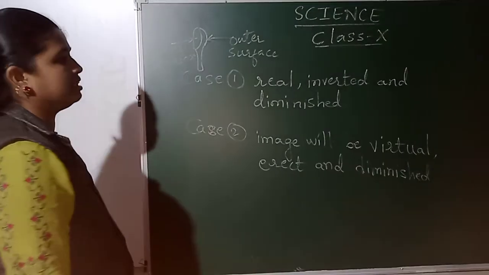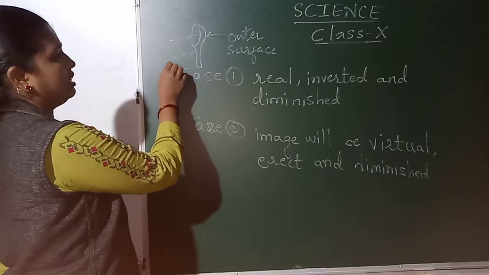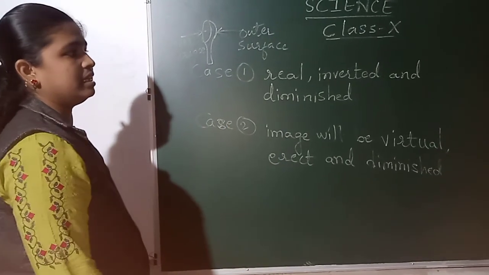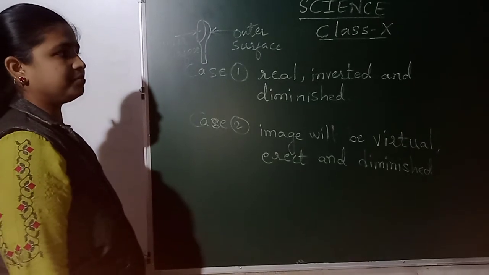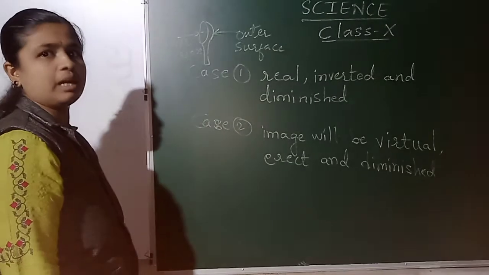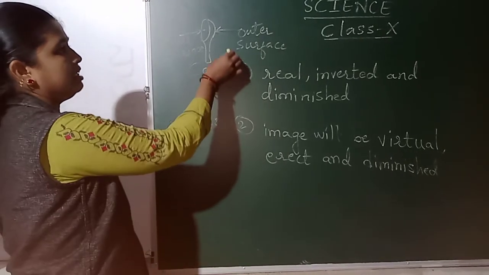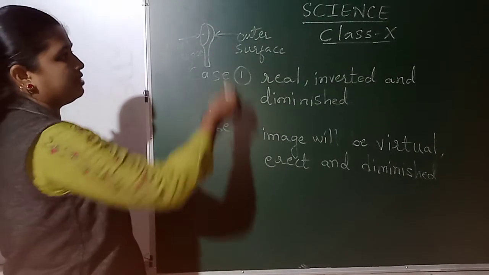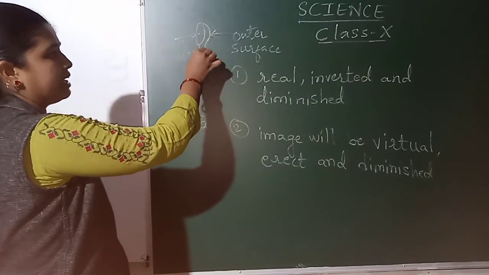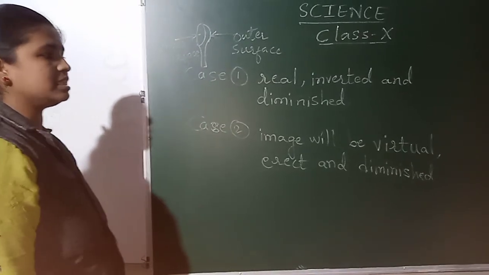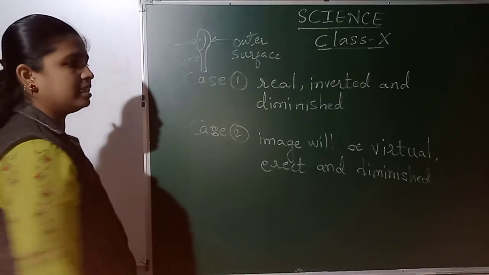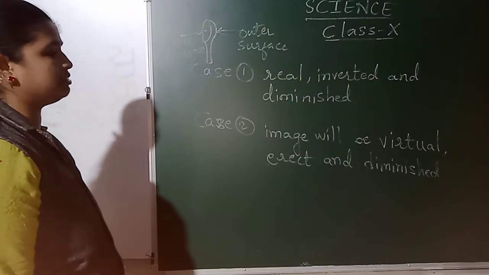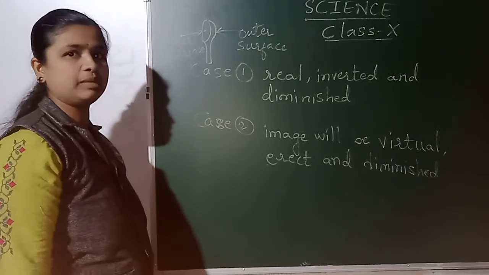Then you will find that the image is real, inverted and diminished. Diminished means the size is reduced, and inverted means opposite. It will look opposite. Next, look at your face in the outer surface of the spoon, which is bulged from outside. Then you will find that the image is virtual, erect and diminished. Erect means straight.